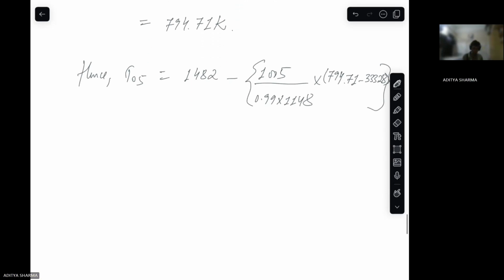This T05, if you calculate, 1073.96 Kelvin, or roughly 1074 Kelvin.